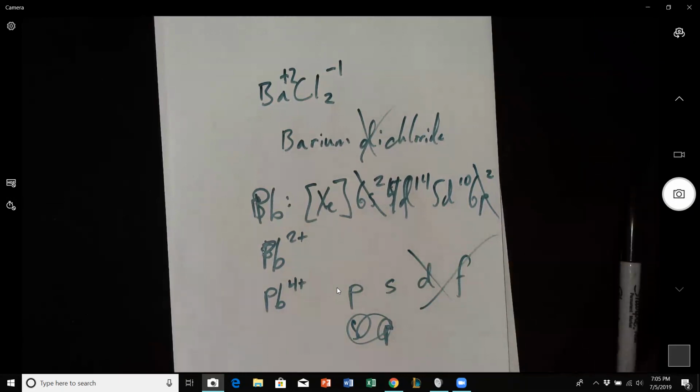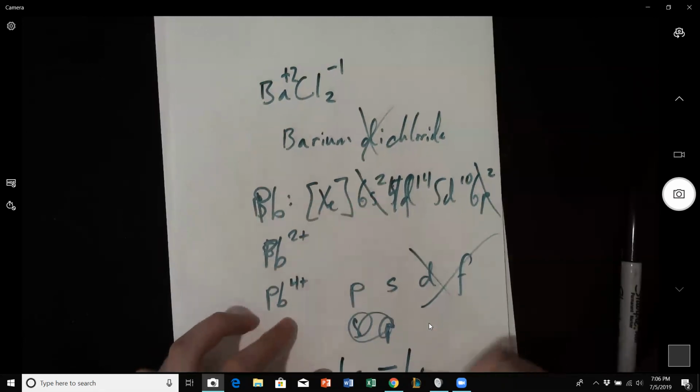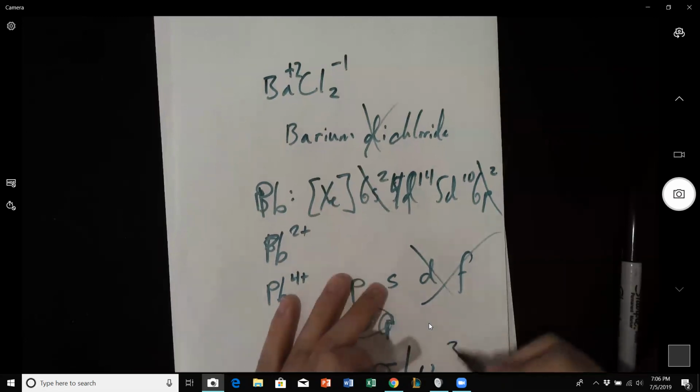Just ignore them, since the f block is the lanthanides and the actinides, and both of them are incredibly boring. So you don't need to worry too much about that. The one thing I would note is that most of the lanthanides, the elements from lanthanum to lutetium, I think, so La to Lu, most of them will be 3+.